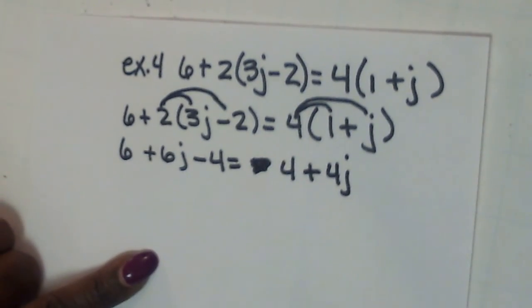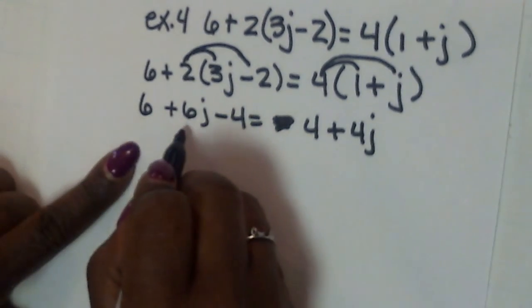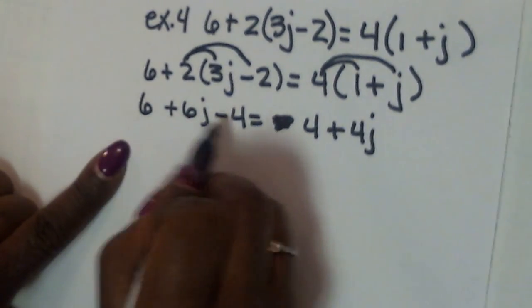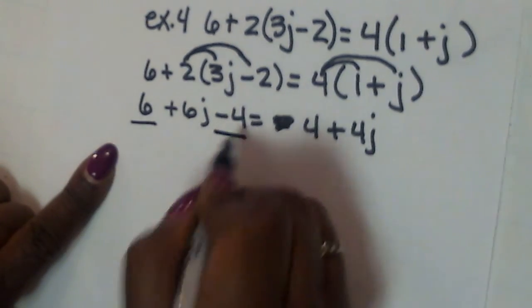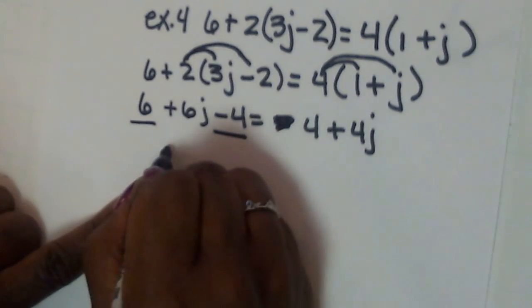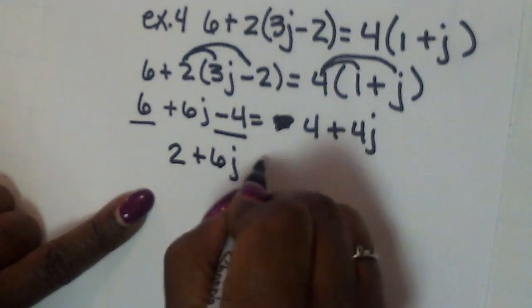Now, it's pretty long, so let's see if we can combine like terms. On this side, I have 1j terms and 2 constant terms, so I can combine these and make it smaller. So I have 6 minus 4, which will give me 2, and I can just bring the 6j down.